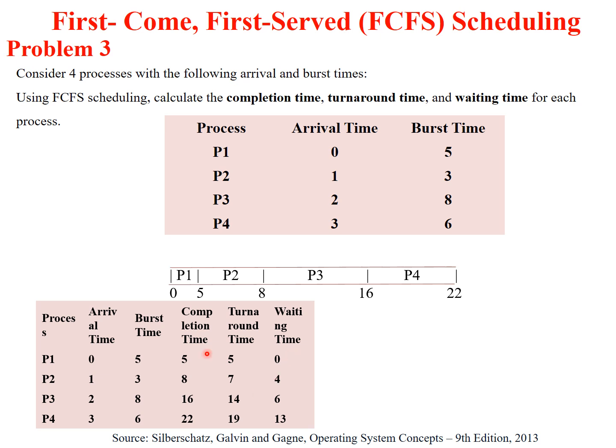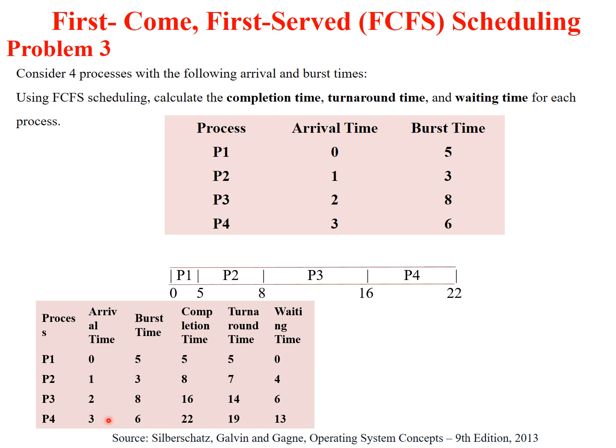And the waiting time of P1 is 0 because the arrival time is 0 and immediately we have allowed P1 to continue, so the waiting time is 0. And for P2, the arrival time is 1, but it started its execution at time 5, so the waiting time is 4. For P3, the arrival time is 2, but it started its execution at 8, so P3 has been waiting in the queue for 6 milliseconds.